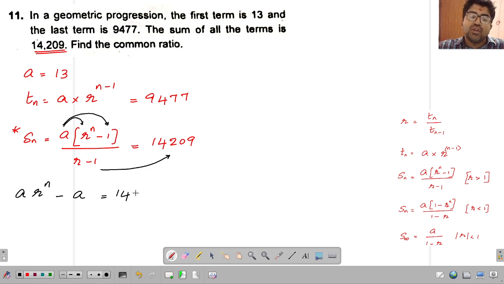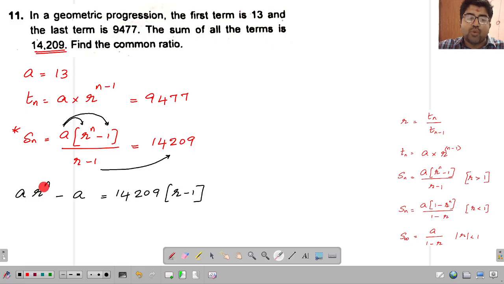So 14209 times r minus 1. This is what is happening. I'm just simplifying that Sn over there. Now please observe, you see that there is something like a into r raised to n, right?